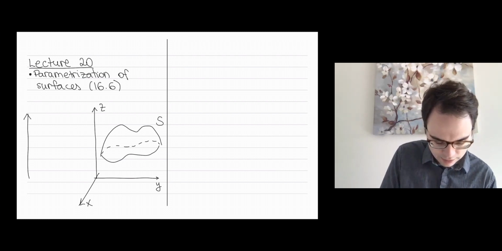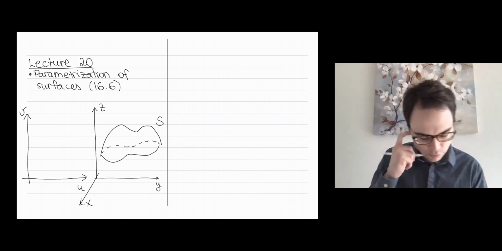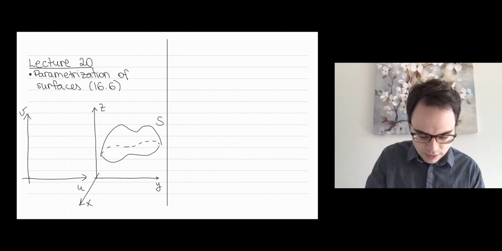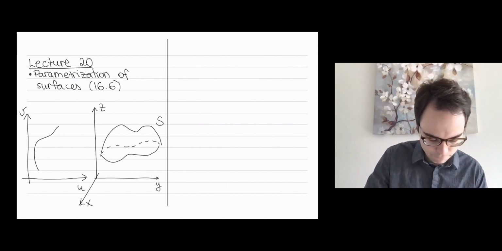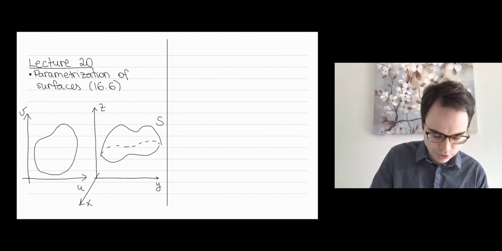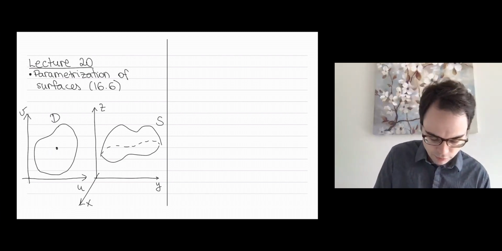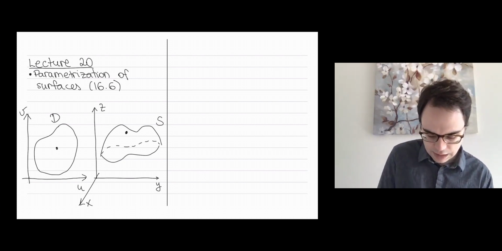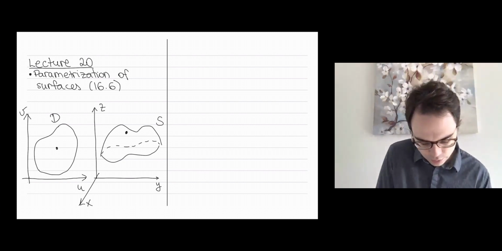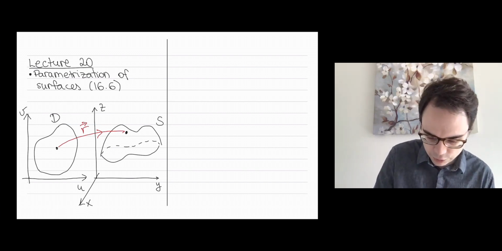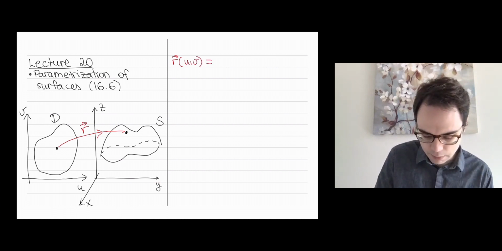Mathematically, I'm going to introduce new variables u and v, look at the uv plane, and then I want a certain region of the uv plane, here a flat region that I'll call D, such that points in this flat region correspond to points in my surface. I'll describe this correspondence by a function R, which takes two inputs, u and v, and outputs a point on my surface.